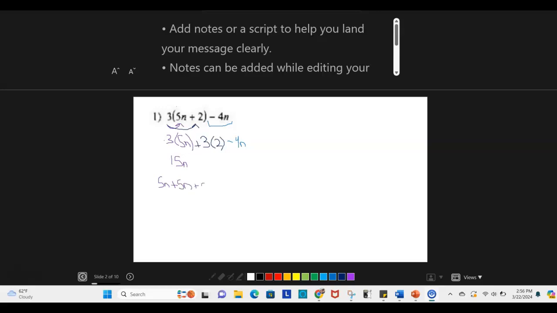I've got 3 of them, which is what gives me that 15n. Now I have 3 times 2, which is positive 3 times positive 2, which gives me positive 6. And then once again, I'll bring down that minus 4n.